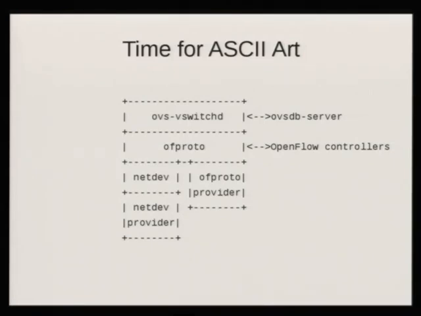Now the switch daemon knows that you need to add a port, tells that to OF-proto. OF-proto creates a NetDev device, gets its MAC address, saves it up in the database. Okay, so there's all these things going on here, but when you have this look, it looks very, very simple.